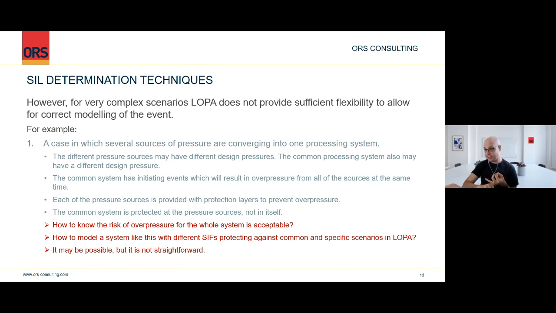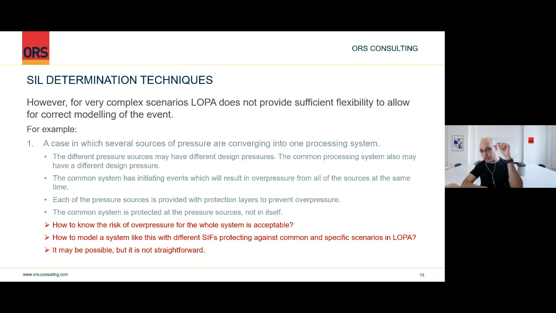So the common system is protected by each of the pressure sources, not by itself. There are parts of the common processing system where you put all the wells together and you go into a flow line after a manifold. That flow line is designed for a lower pressure than the maximum that these wells can produce, but there is no high pressure trip or anything to protect that common line.